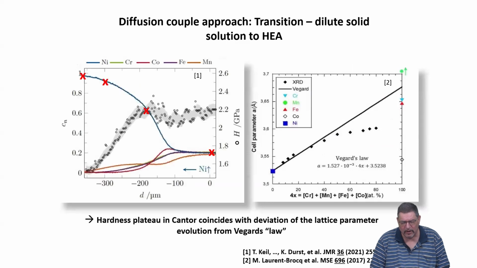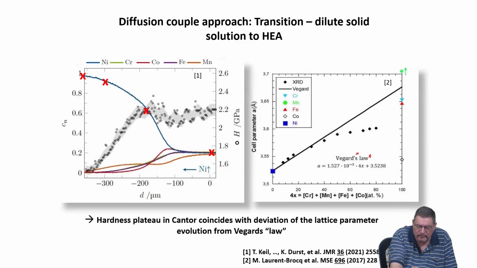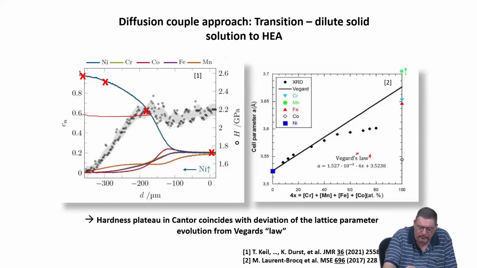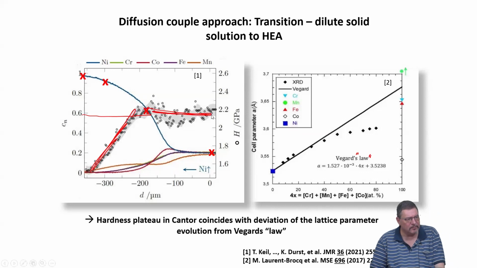And if you, again, compare this to what I've shown you earlier, cell parameter, so deviation from Vegard's law, you see it's about at the same composition where you can say there is a deviation in the behavior of the hardness values.